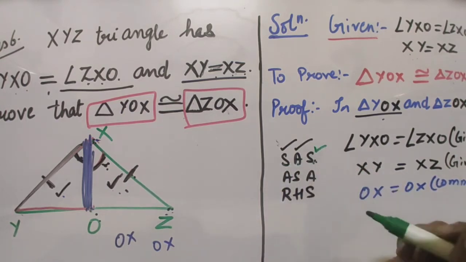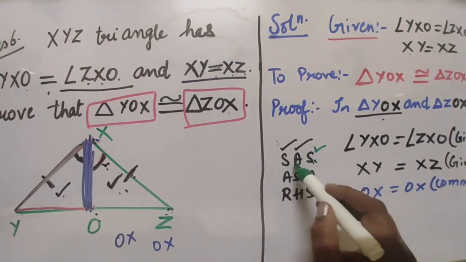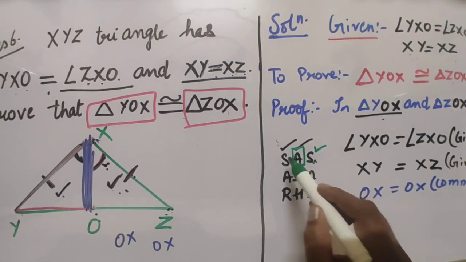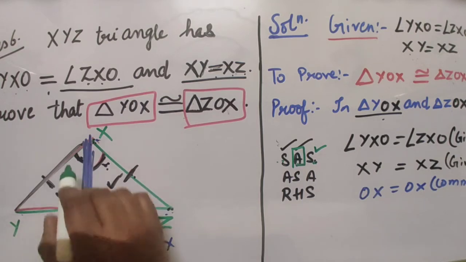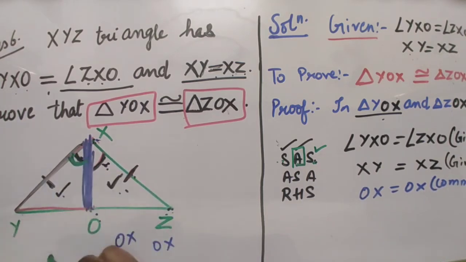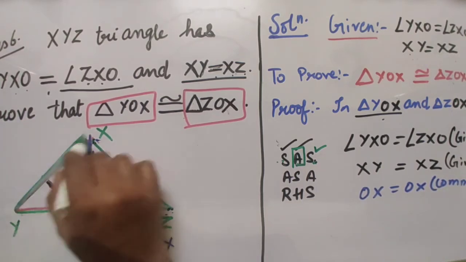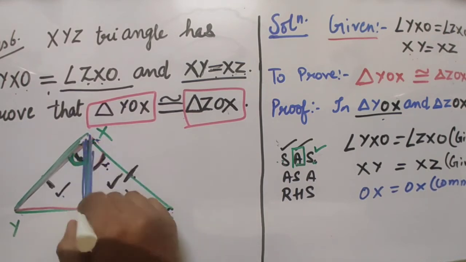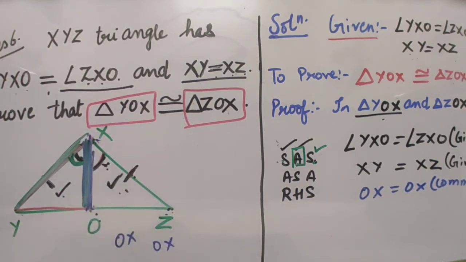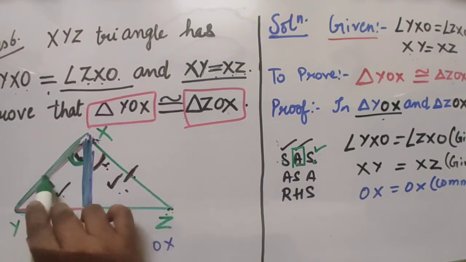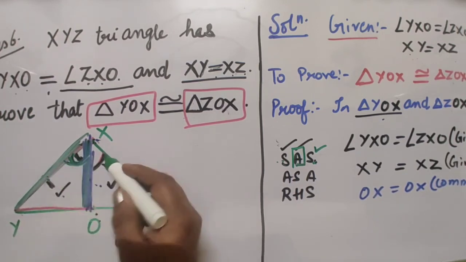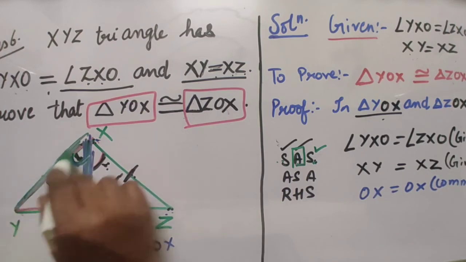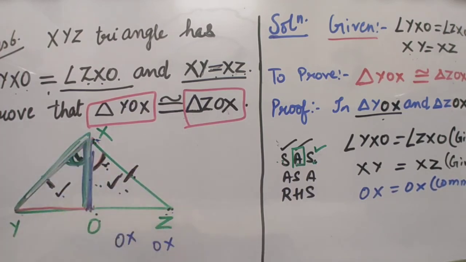Now you have to see whether it is making a perfect combination of SAS or not. It means the angle has to be between both the sides. Here we can see this is the angle. We have taken this side and we have taken this second side, and between these two sides one angle is there, or we can say the given angle is formed by using these two sides of a triangle.